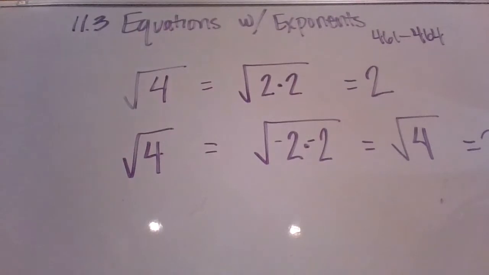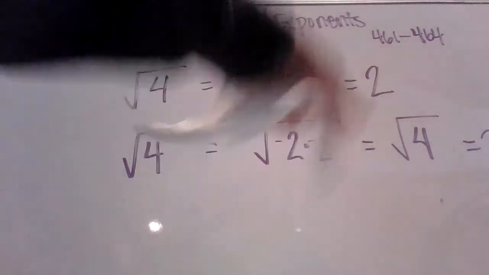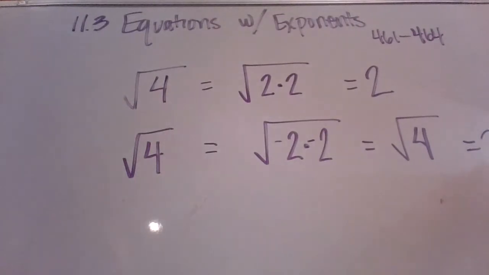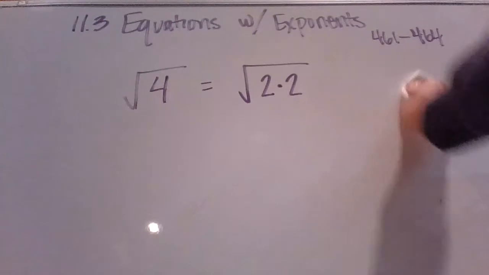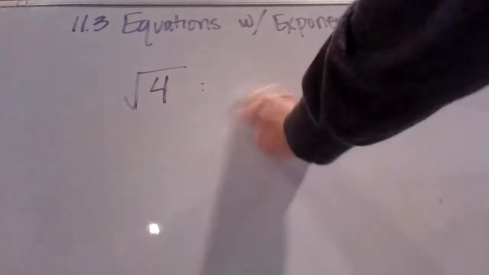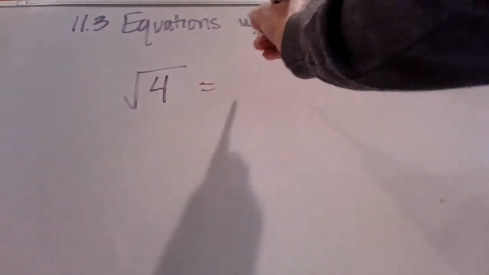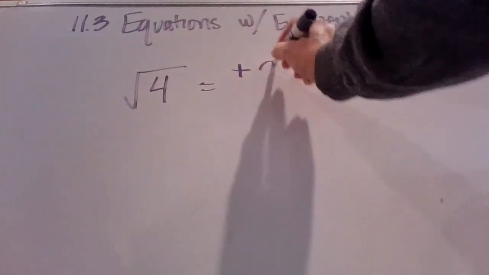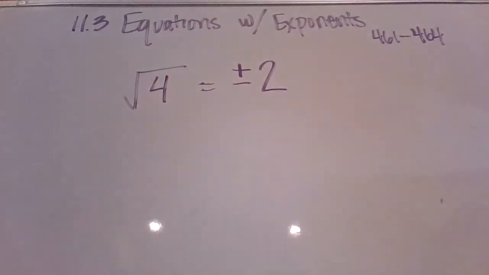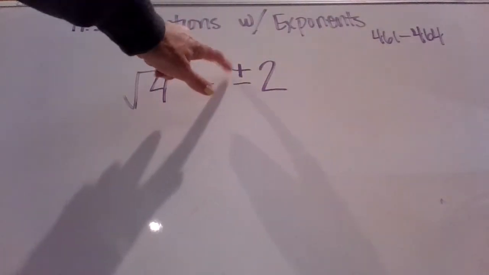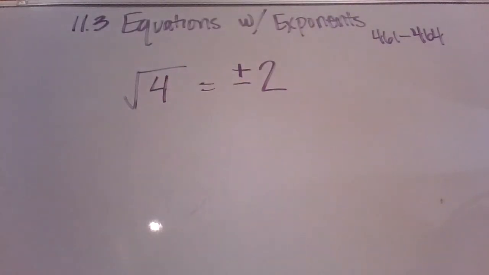So even though we said you can't have a negative square root, which we technically don't, it could be that negative 2 times negative 2 could be our answer as well. So when we write our answers for the square root of 4, you need to start writing that it's possible that it could be positive 2 as well as negative 2. So we write it like this, plus or minus 2 as our answer.